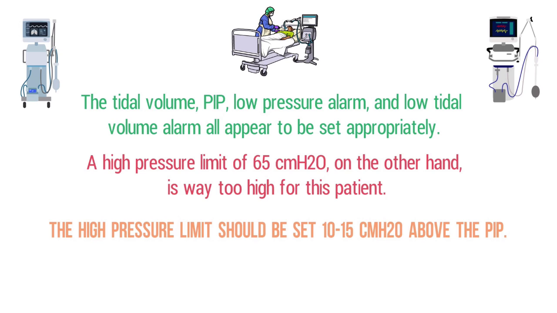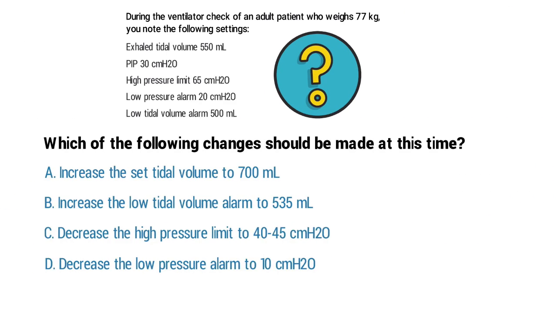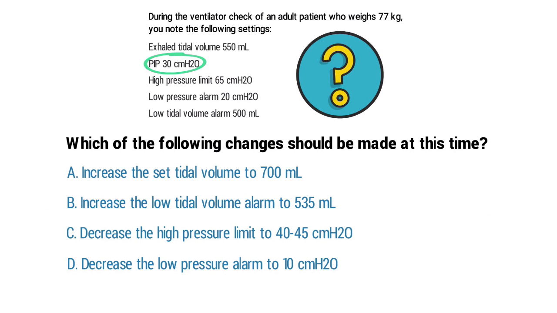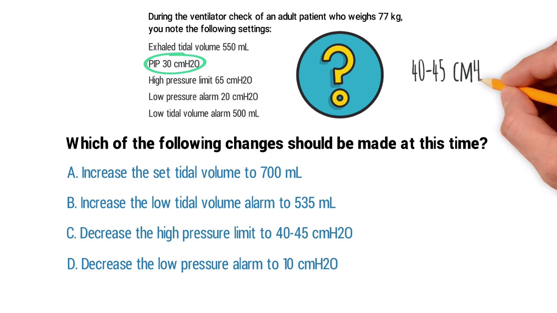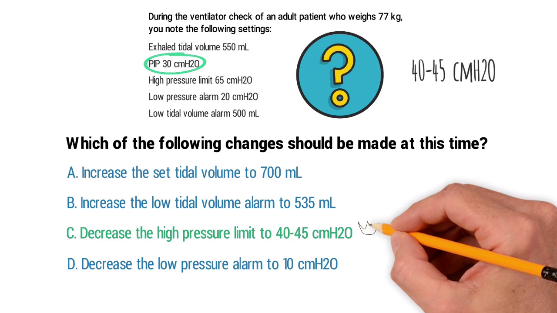Now for the patient in this question, their peak inspiratory pressure is 30, which means that the high pressure limit should be set between 40 to 45 centimeters of water pressure. So by breaking down the question and using what we know about ventilator settings, we could determine that the correct answer has to be C. Decrease the high pressure limit to 40 to 45 centimeters of water pressure.